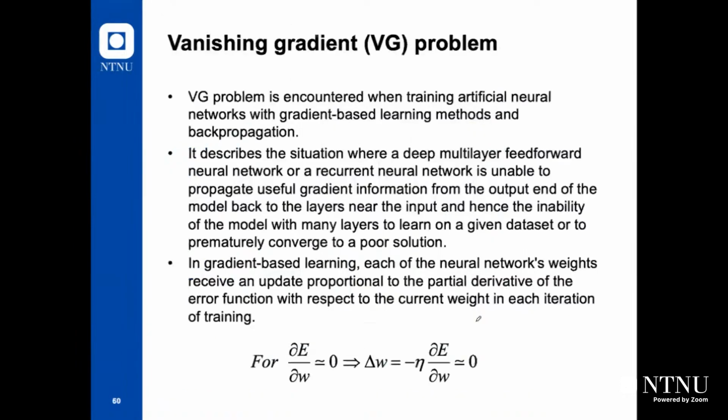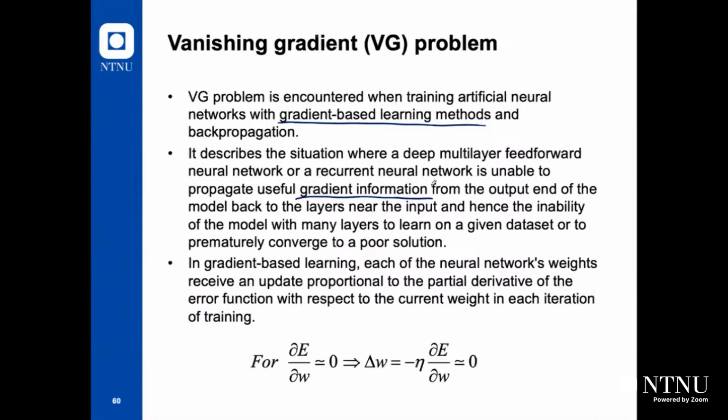So the vanishing gradient problem happens when we train an artificial neural network with a gradient-based learning method. So we are subjected to it, in fact, if we are using a gradient descent approach and backpropagation. It describes a situation where a deep multi-layer feed-forward neural network or a recurrent neural network is unable to propagate useful gradient information.